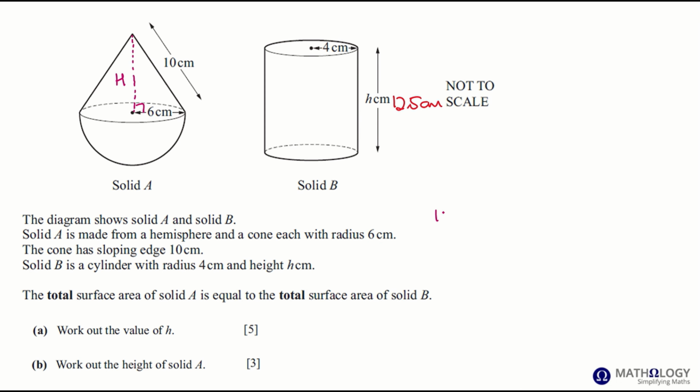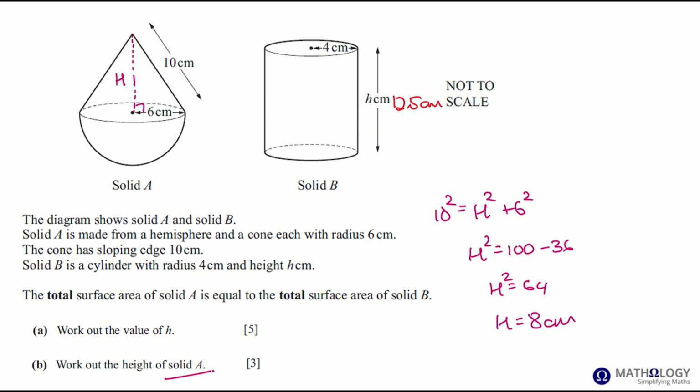So 10 squared equals H squared plus 6 squared. H squared is 100 minus 36. H squared equals 64. Uppercase H will be the square root of 64, which is 8. This is just the height of the cone. They want the height of solid A.